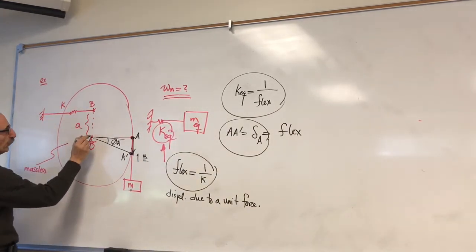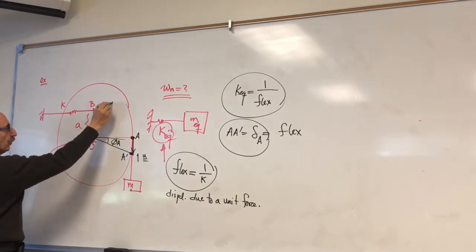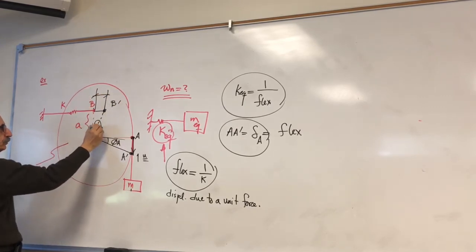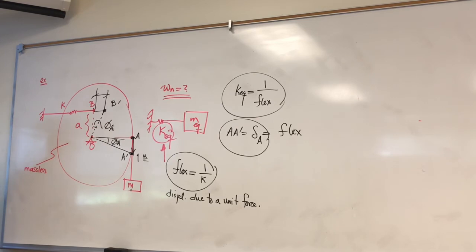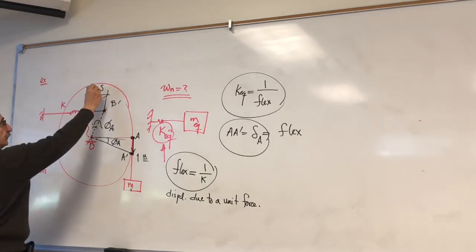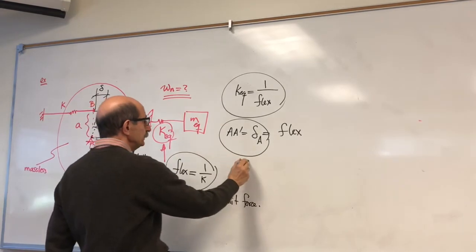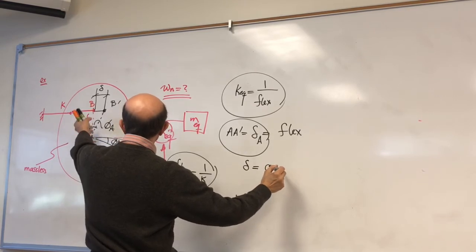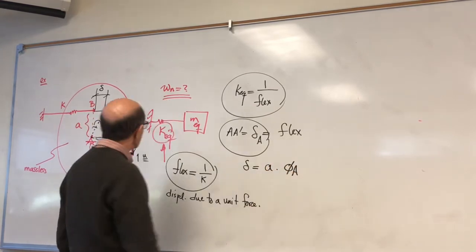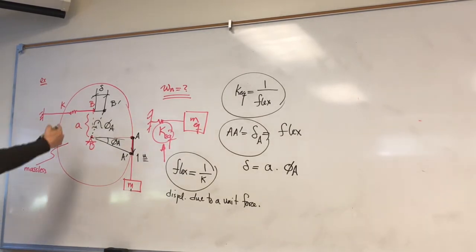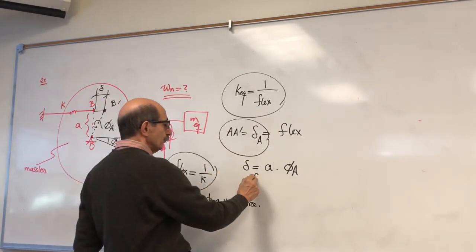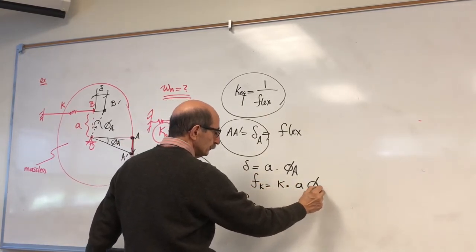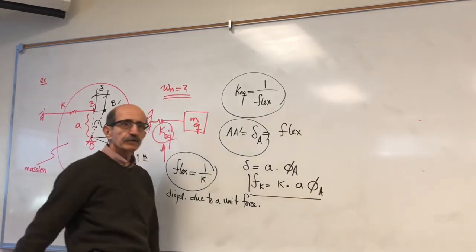But this point B is also going to go to a point B prime, and since this angle would also be phi of A, this distance delta would be A times phi of A, right? So the force that is generated in this spring would be K times A times phi of A, right?